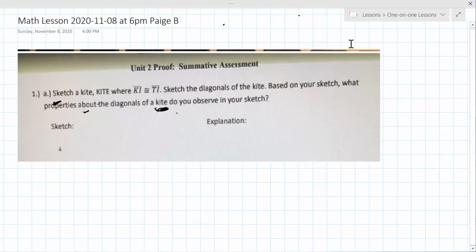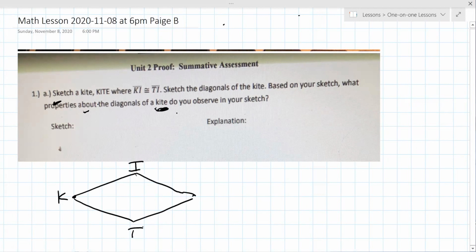So we're going to start by sketching a kite, KITE. So here's the kite. We go a little further. Yeah, that's not going to be a good representation here. Here's K-I, and then T-I.